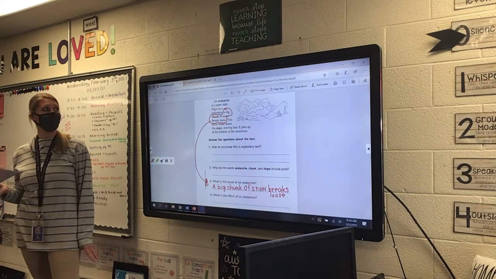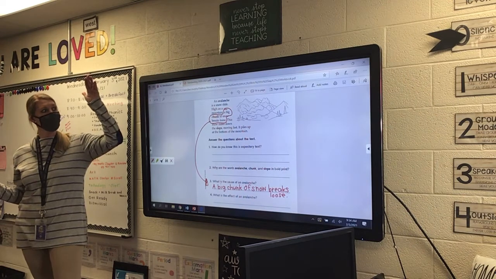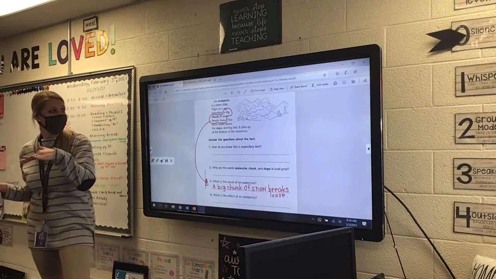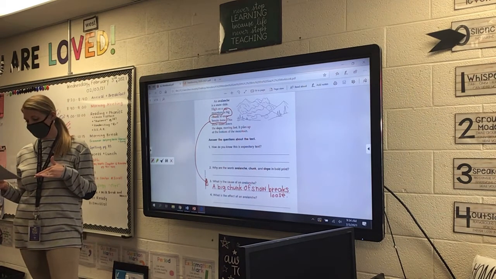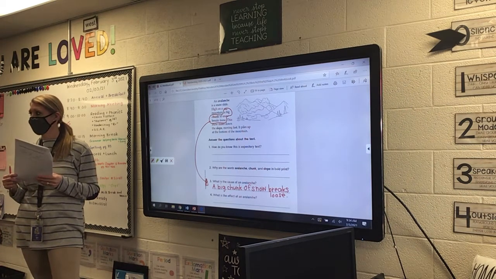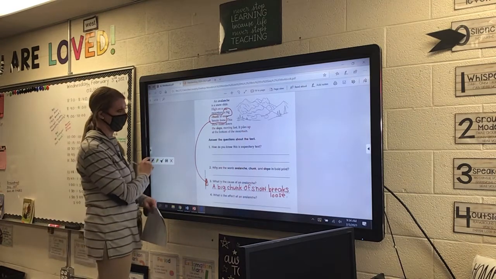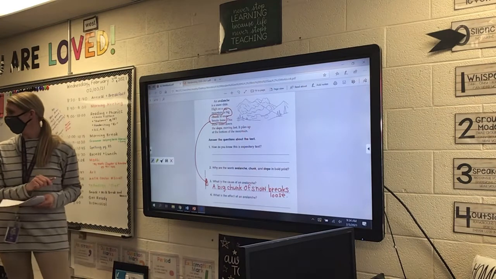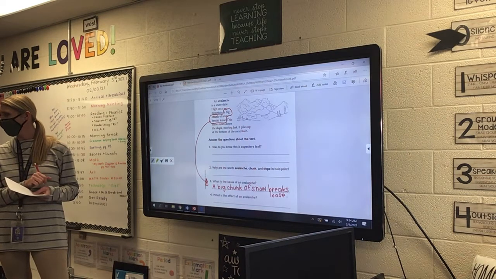I'll read it again. An avalanche is a snow slide. High on a mountain, a big chunk of snow breaks loose. This snow slides down the slope, moving fast. It piles up at the bottom of the mountain. Briley, what do you think? Okay, I'll come back to you.